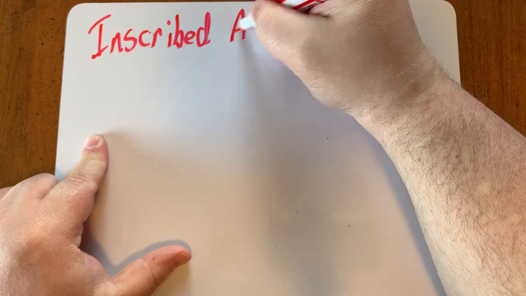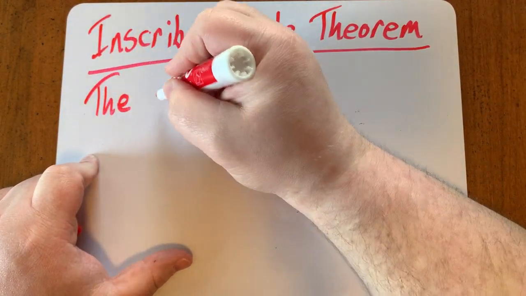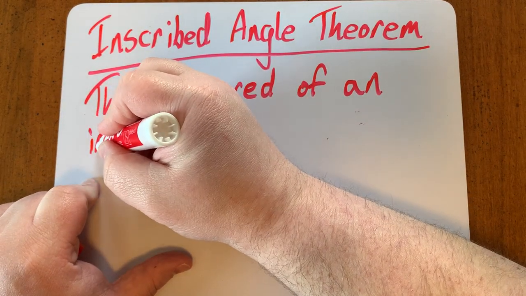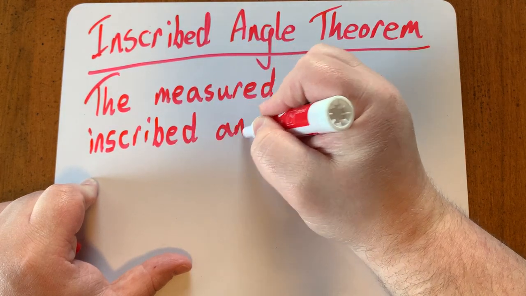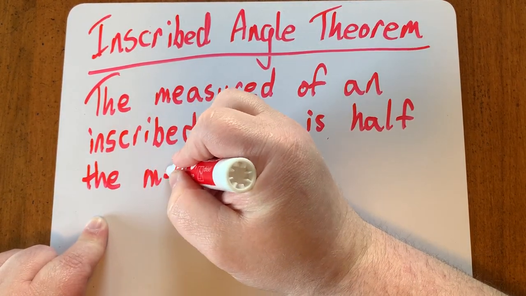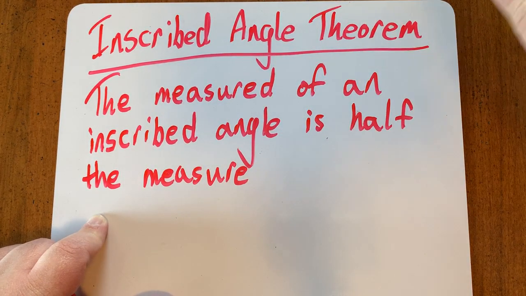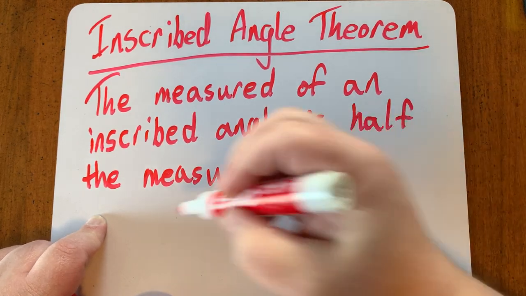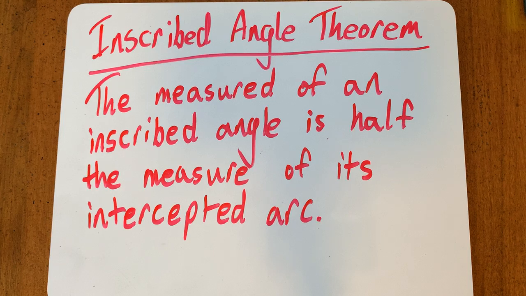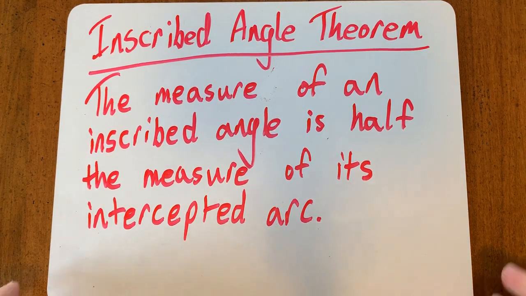What the inscribed angle theorem says is that the measure of an inscribed angle is half the measure of its intercepted arc.